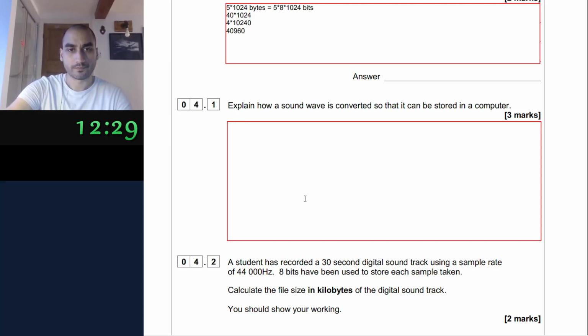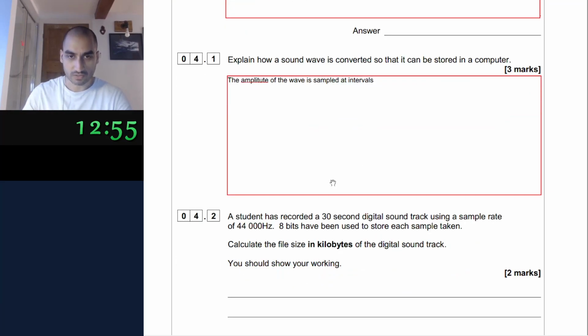The amplitude of the wave is sampled at intervals. I mean, the answer is kind of in the description of the next question.